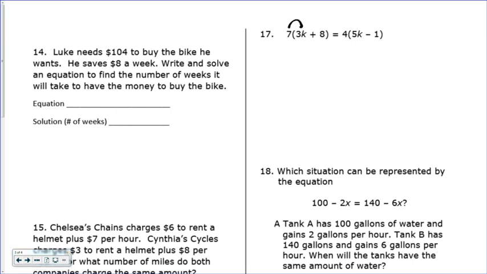So 7 times 3k is 21k, and 7 times a positive 8 is 56. Now we need to multiply 4 times everything inside these parentheses. 4 times 5k is 20k, and 4 times a negative 1 is negative 4.